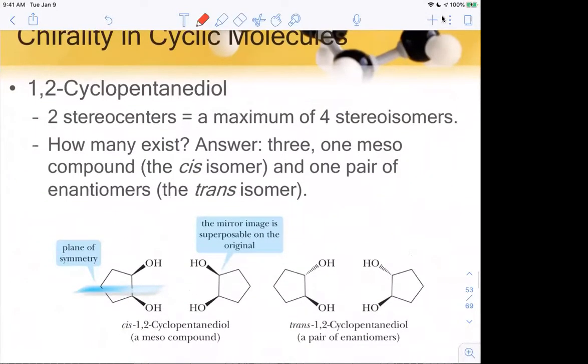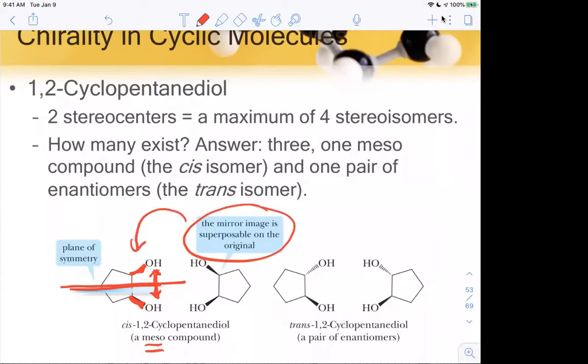But let's look at this guy. If I have 1,2-cyclopentanol, if this is bolded out and this is bolded out, I have this internal plane of symmetry where this OH and this OH are reflected. And that gives me meso, because this is actually identical to this one because of that internal plane of symmetry.